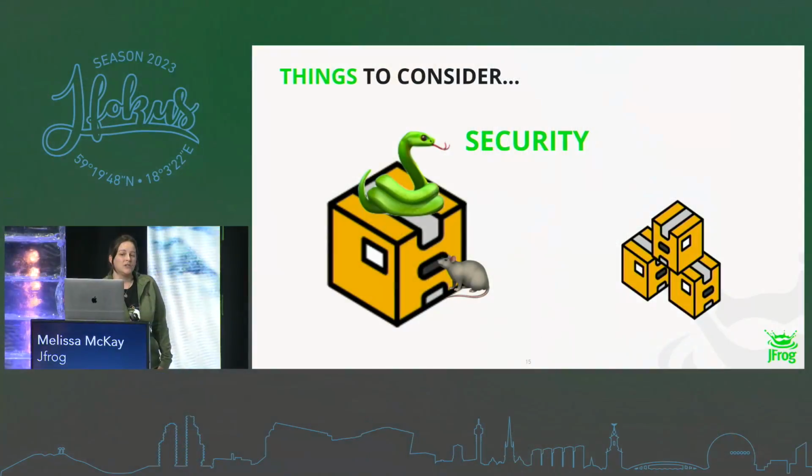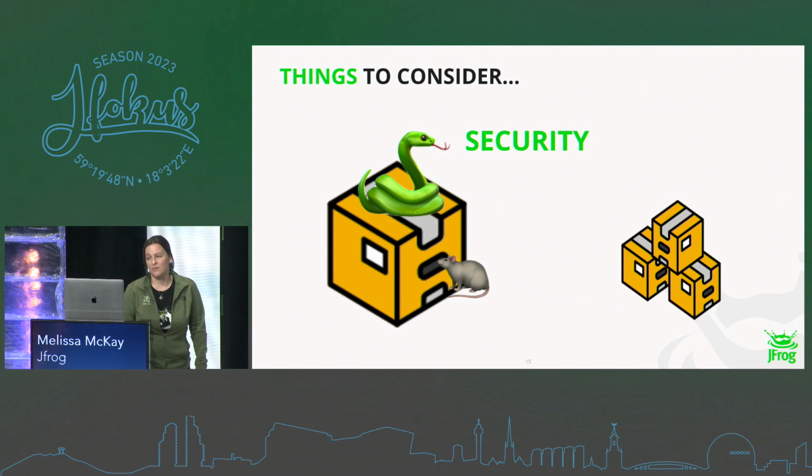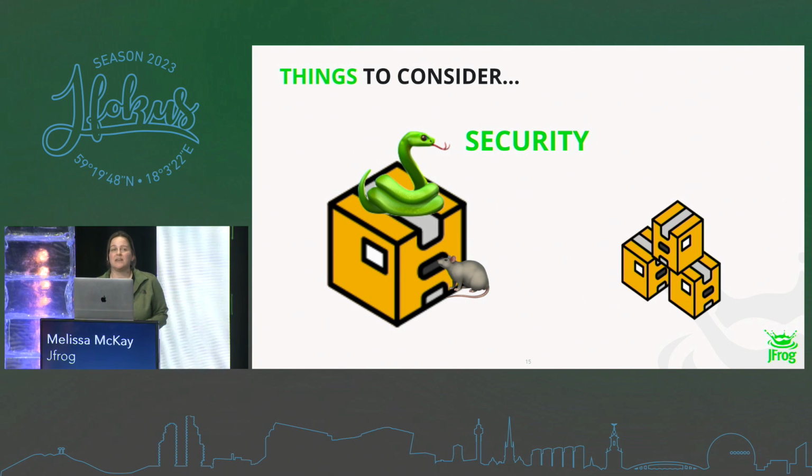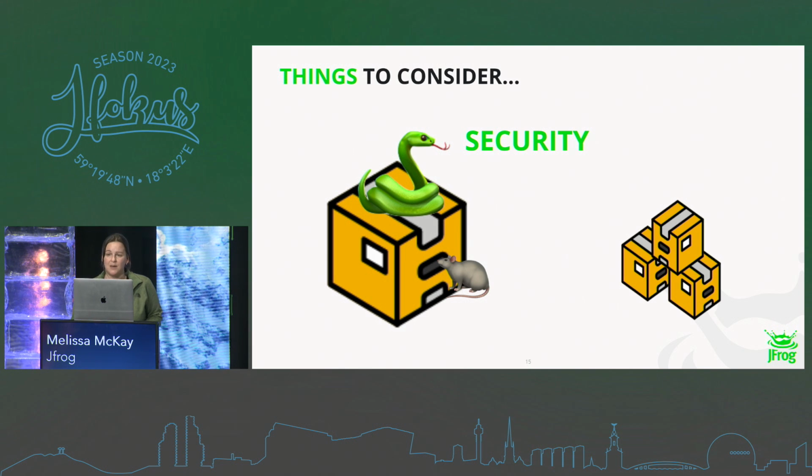I touched on this already a little bit, and this is another reason to be concerned about size. It's security. It is very simplistic to think, but the less that you have in this container, the less chance you're going to have packages and libraries that contain vulnerabilities that you need to worry about. Things that can cause you problems by letting an attacker escape the confines of your container, and other risks like leaking private data, for example.